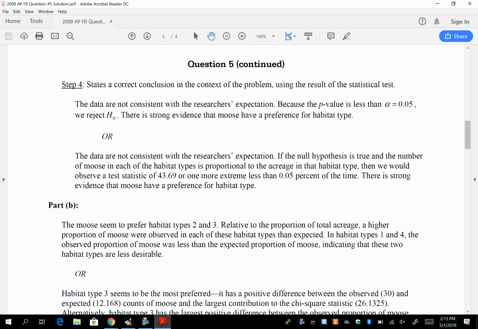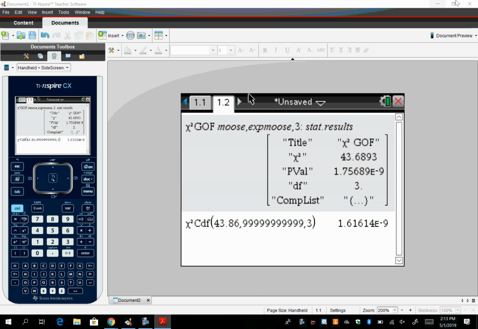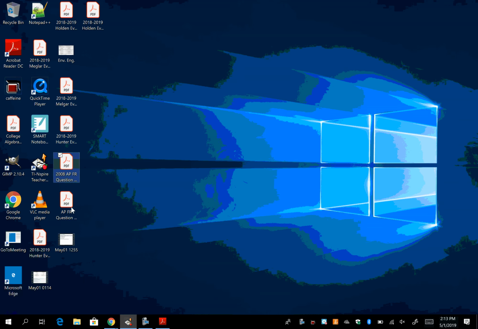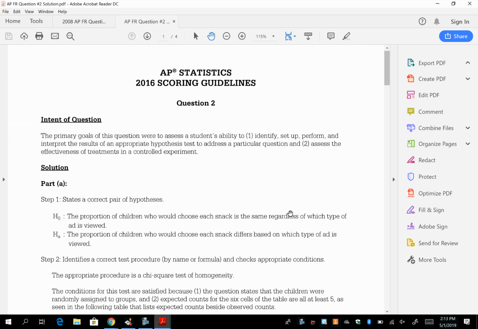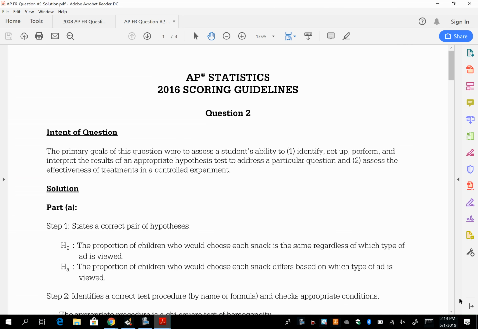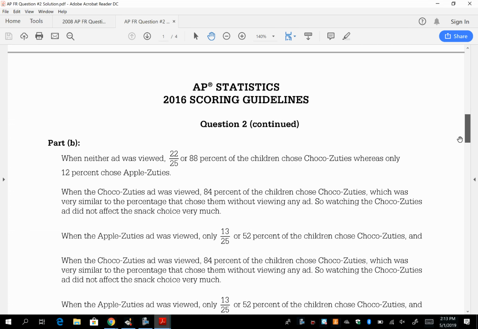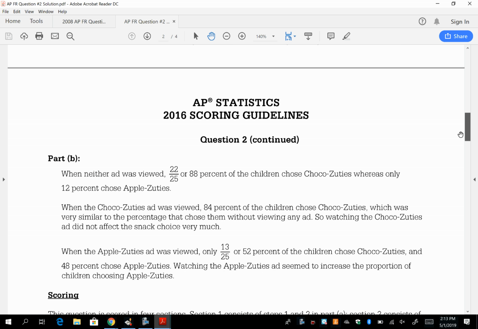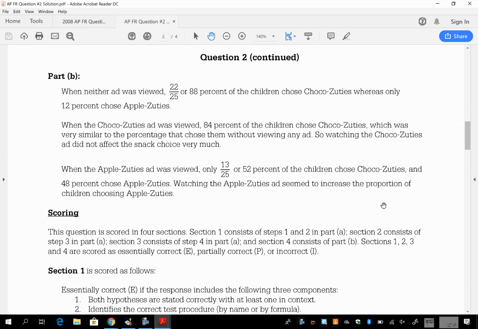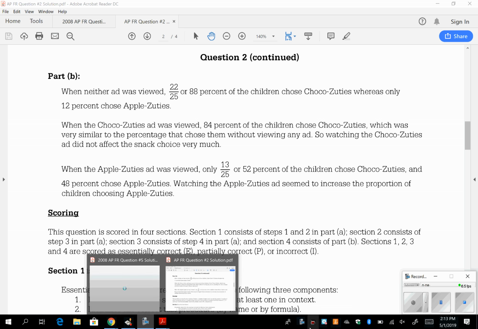If you haven't looked at part B, take a look at it. I sent you the answer key for part B in an email just now. Make sure you take a look at this so you can see how to answer part B. Excellent.